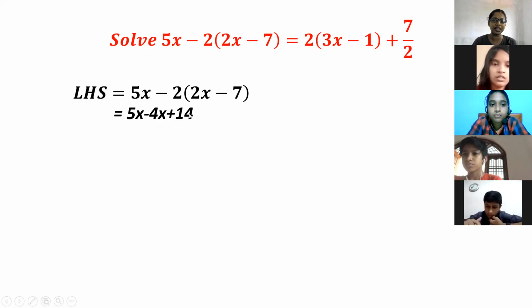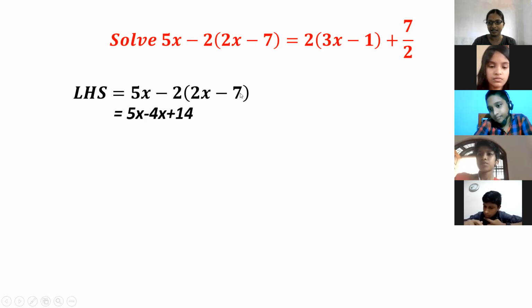Is it minus 14? Because here is minus 2 and here is minus 7, and the multiplication of two negative integers will give a positive integer. That's why it becomes plus 14. Is it clear?